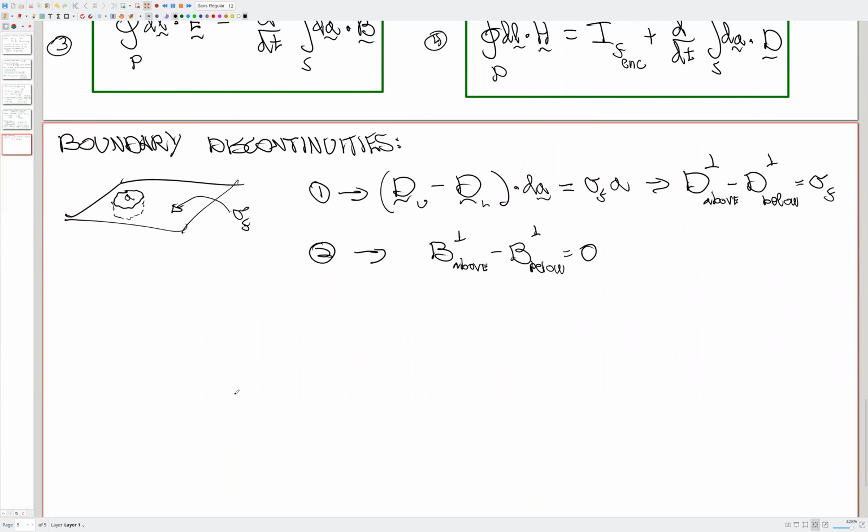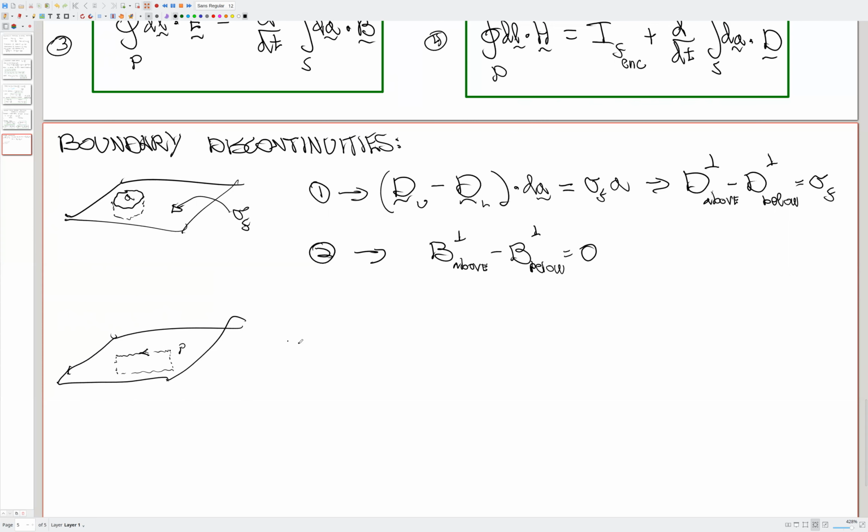Now, if I take my surface again like this, but now let's do a little Ampérian loop like this. So that's my path P, over which I will integrate. This branch is above the surface. This branch is below the surface.